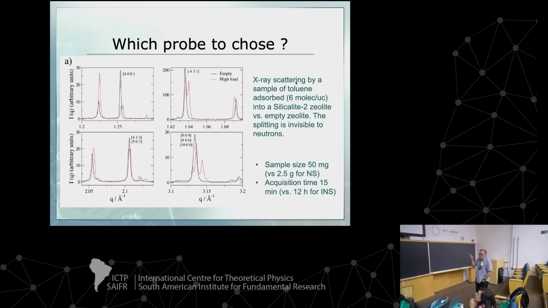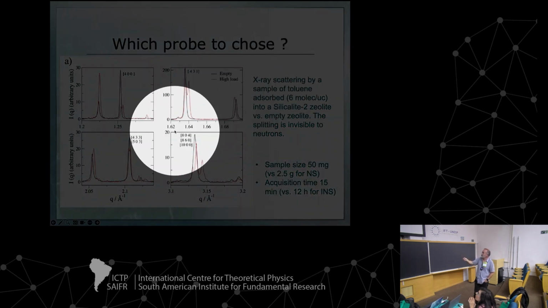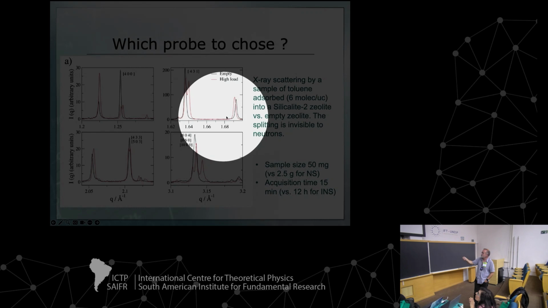X-ray scattering using synchrotrons has a very high sensitivity. And this is an example that shows, this is an experiment we did ourselves, a very tiny amount of toluene absorbed in a zeolite. The black peaks are the empty sample, and the other is with the toluene absorbed.